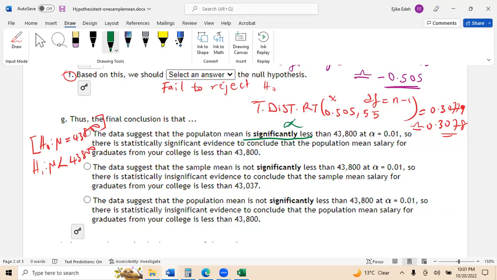So there is statistically insignificant evidence to conclude that the sample mean salary for graduates from your college is less than that. That sounds correct to me, but let's look at the last one and just be sure. The data suggests that the population mean is not significantly less. That is true. So there is statistically insignificant evidence to conclude that the population mean salary for graduates from your college is less than 43,800.